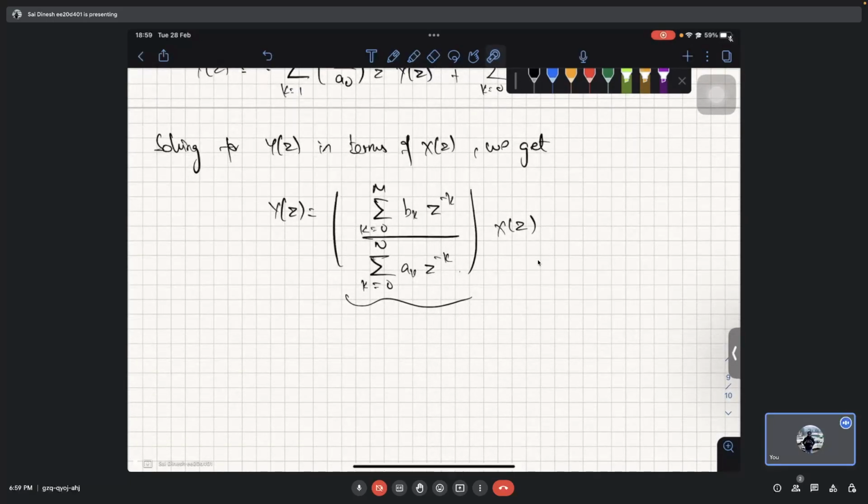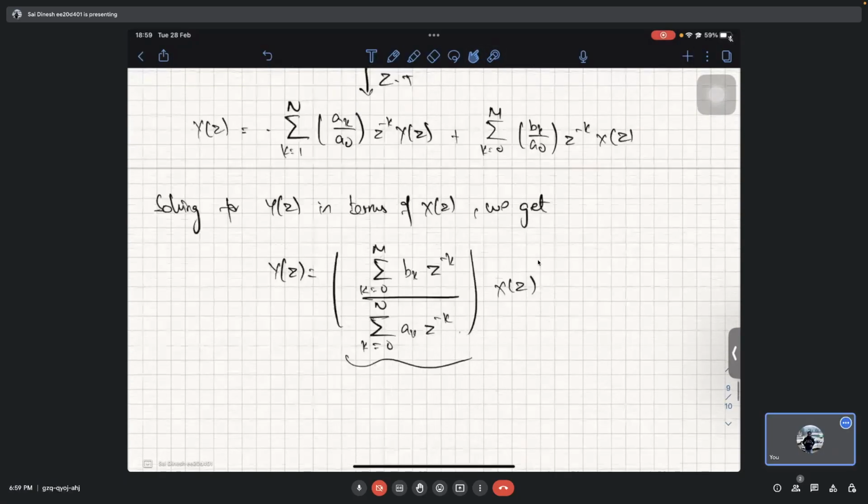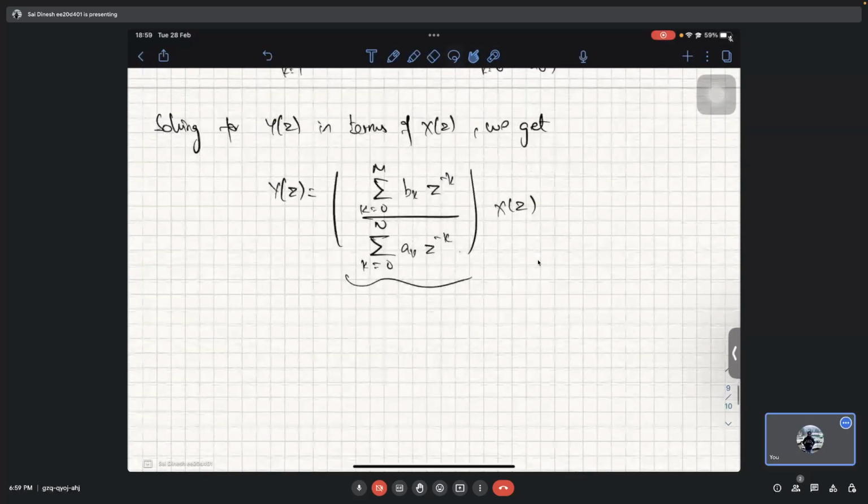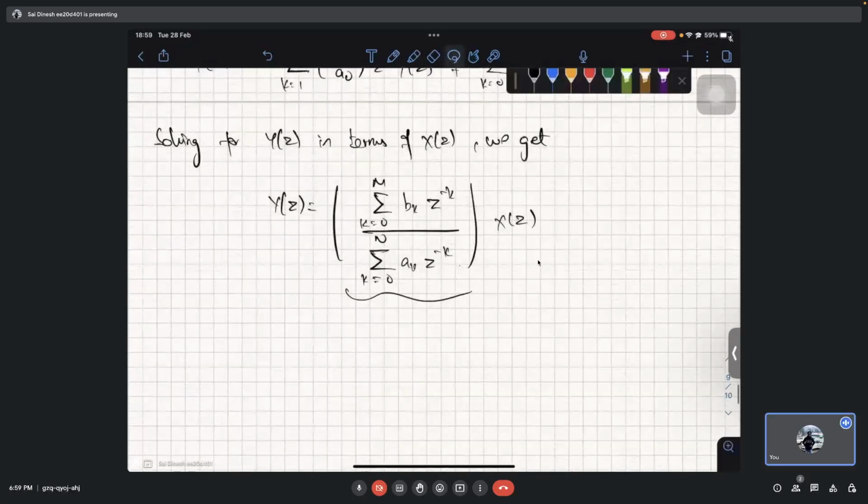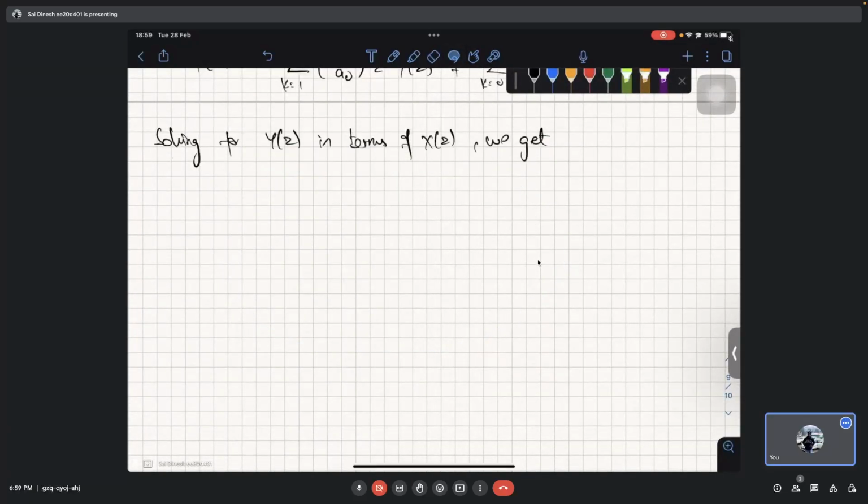So let's actually remove this part from the lecture notes. Sorry.